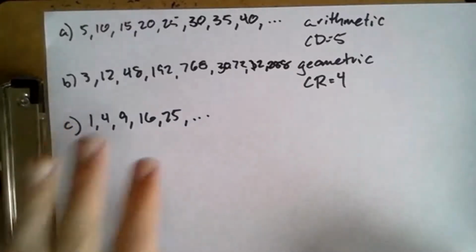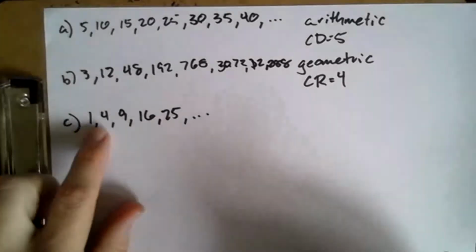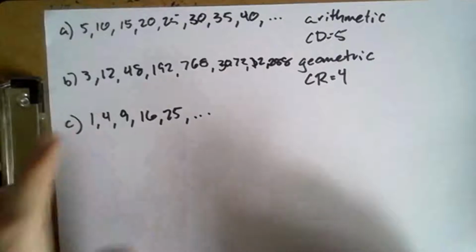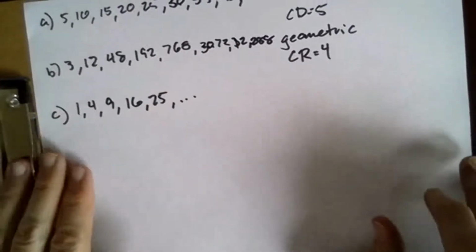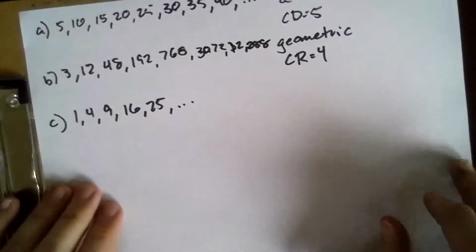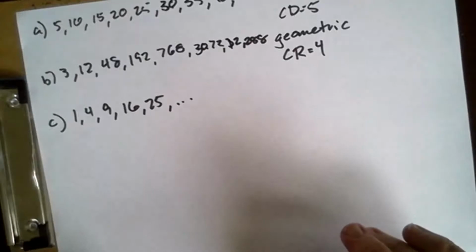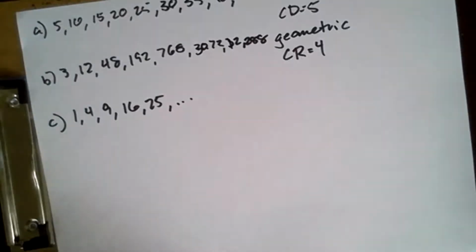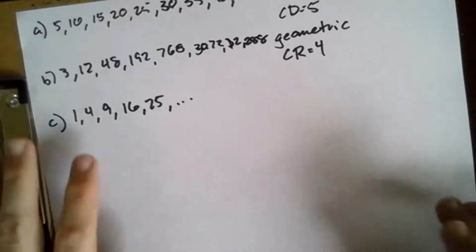Next, we've got 1, 4, 9, 16, 25. This is the sequence of square numbers. So the difference between 4 and 1 is 3, but the difference between 9 and 4 is 5, so that's not going to work. The ratio between 4 and 1 is 4, but the ratio between 9 and 4 is 2.25.